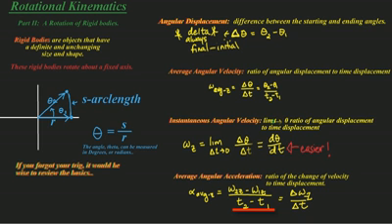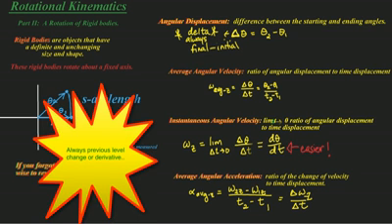All right? So you can see it's always the previous level change over the change in time whenever we're looking at average, whether it's velocity, that would be the change in the angle, or whether it's acceleration, would be the change in the angular velocity.